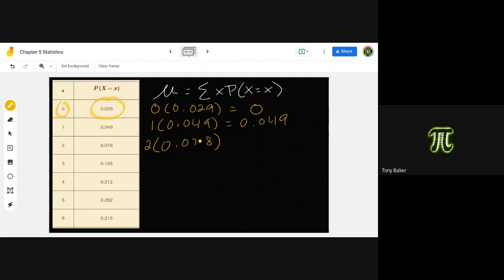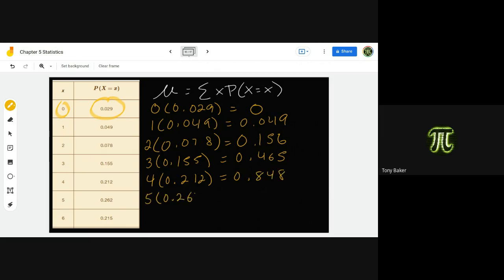0.078. Oh, geez, my calculator literally does it all in fractions. 0.156. 3 times 0.155 is 0.465. 4 times 0.212 is 0.848. 5 times 0.262.